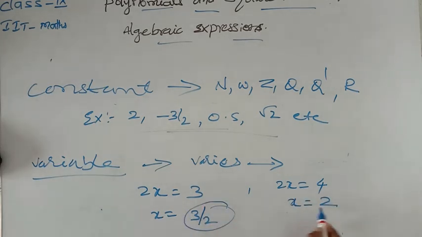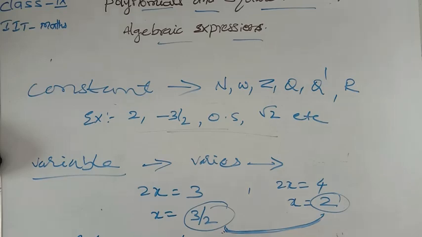In these two cases, see the x value. In first case the x value is 3 by 2 and in second case x is 2. Hence the x value is varying. So all the variables vary from time to time. And these variables are represented with English alphabets such as capital A, B, C or small letters a, b, c.